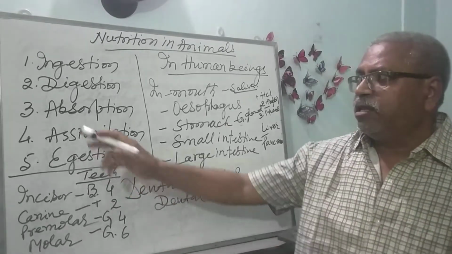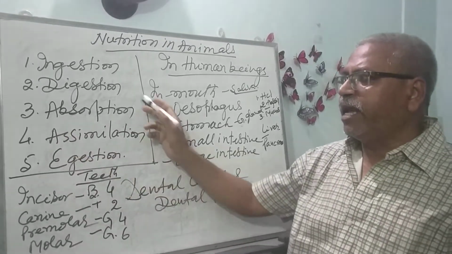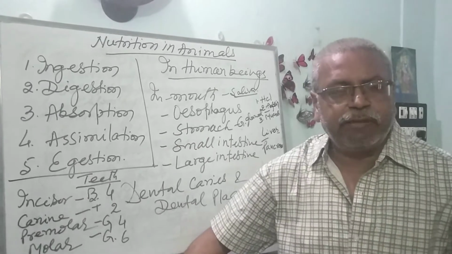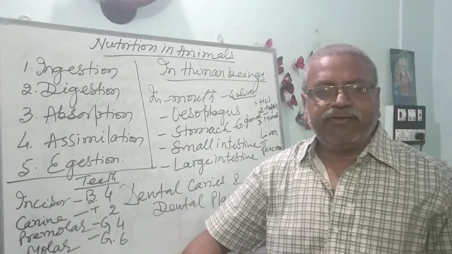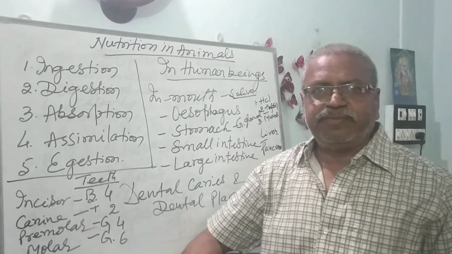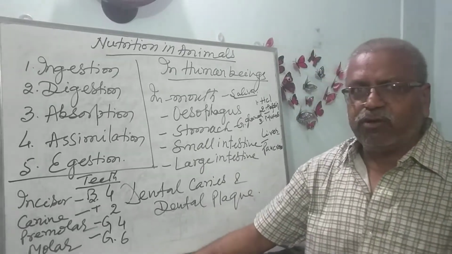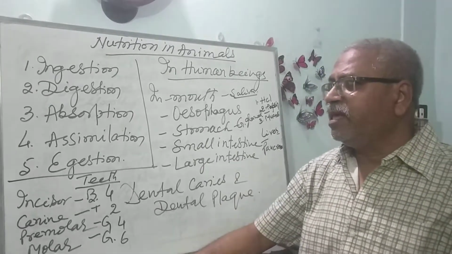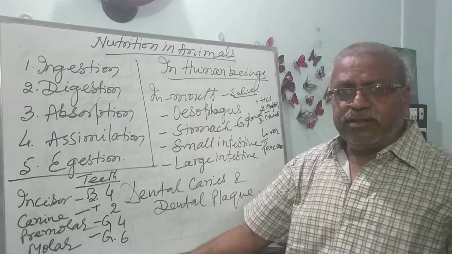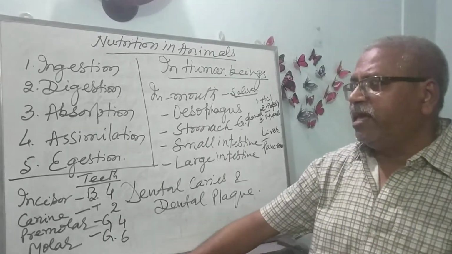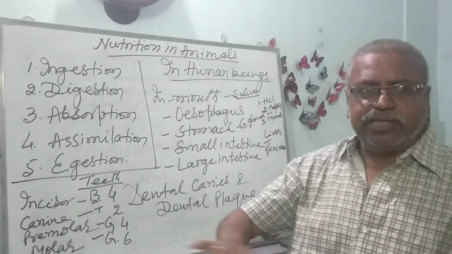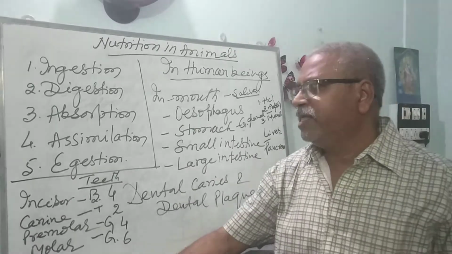In the next step, the digested food is absorbed in the villi of the alimentary canal, particularly a small intestine, into the blood vessels, and the blood carries it to the cells of the body.